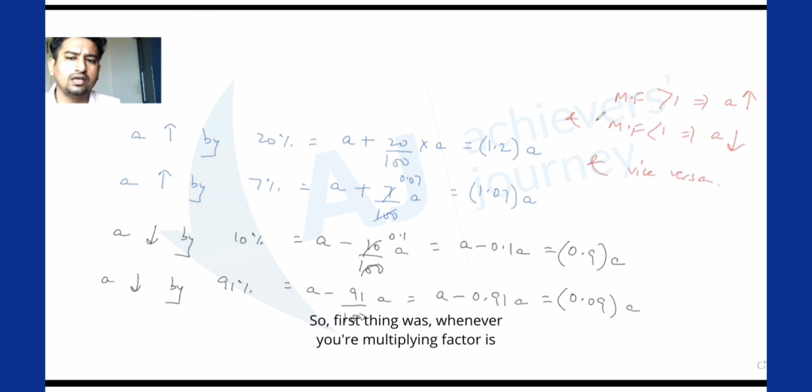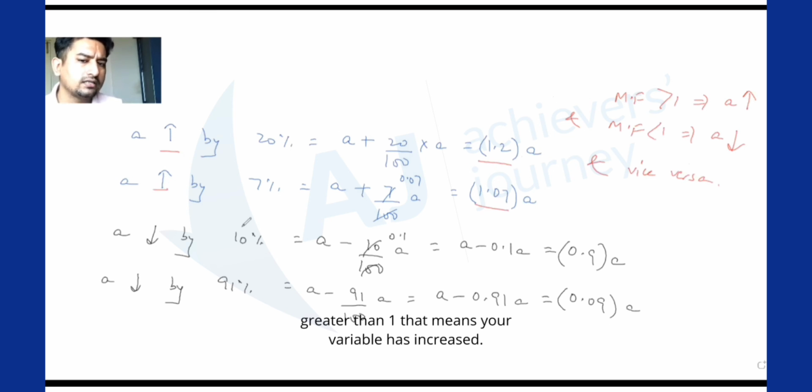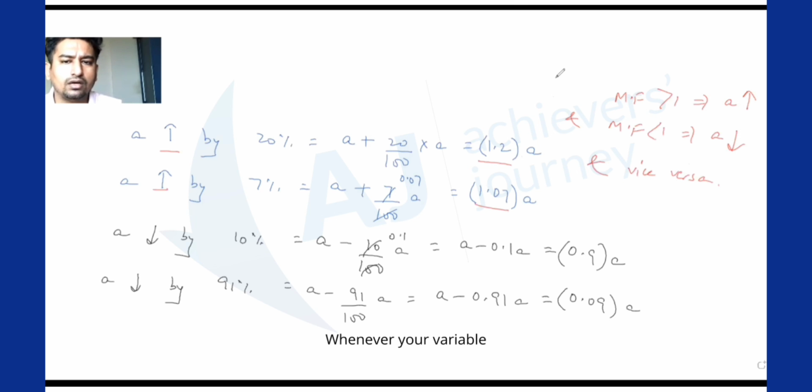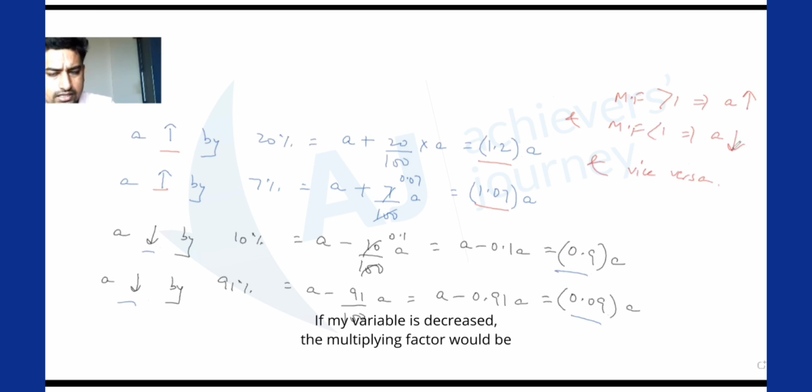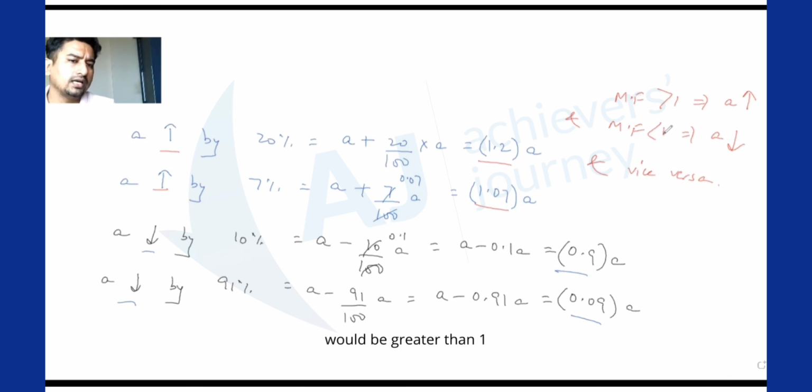So first thing was, whenever your multiplying factor is greater than 1, that means your variable has increased. Whenever your multiplying factor is less than 1, that means your variable has decreased. Correct? Vice versa means the other way around. If my variable has decreased, the multiplying factor would be less than 1. If my variable has increased, my multiplying factor would be greater than 1. Correct? Just an inference here.